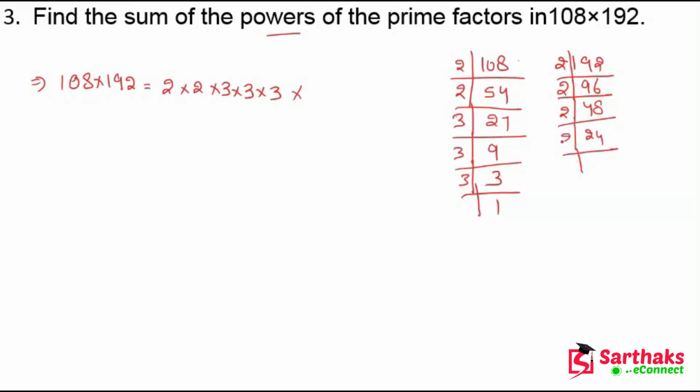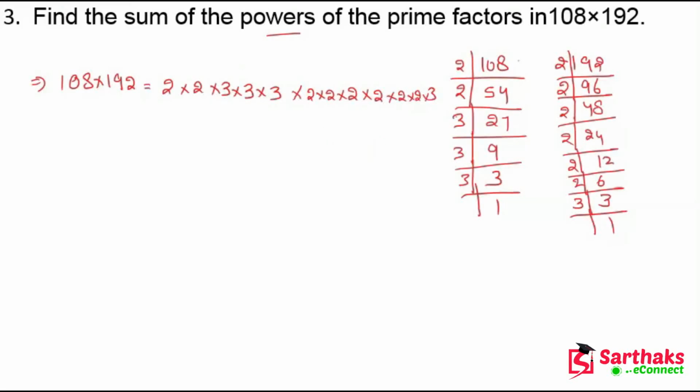Again, by 2, we get 12. Again, by 2, we get 6. And here we get 3. And now if we divide it by 3, we get 1. So the factors of 192 are 2 into 2 into 2 into 2. Here how many 2's? 1, 2, 3, 4, 5, 6. Okay, 2 into 2 into 3.